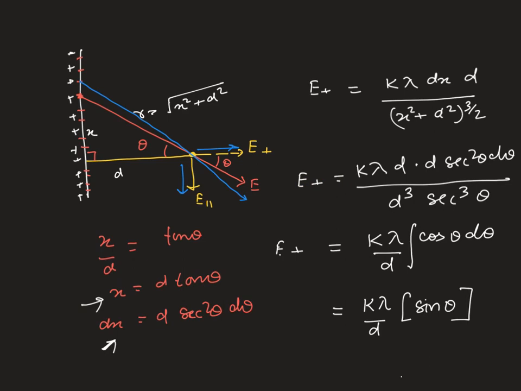Now the question is, what limits are we going to set it up to? I mean, what are the limits of this thing? So coming up to the next, this is my wire, the positively charged linear length, whatever you like to call it. This is the perpendicular here, d. This is the point charge that we were talking about.